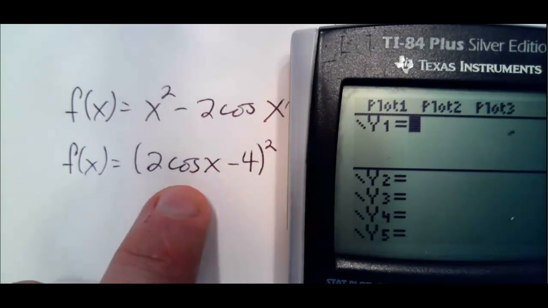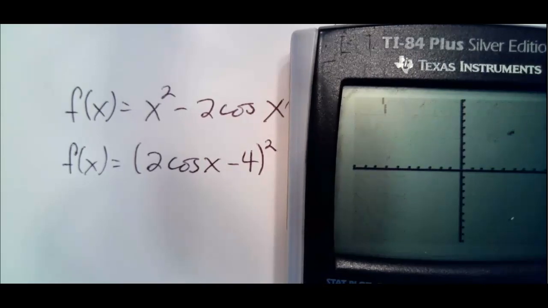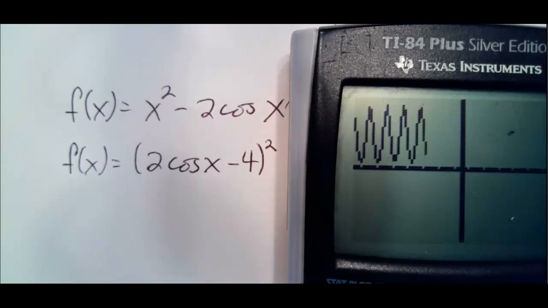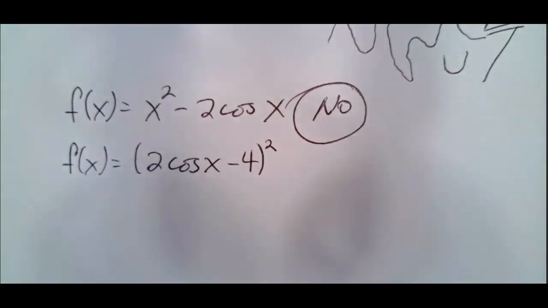Since we have parentheses, I'm going to open the parentheses, put in 2 cosine, but it's got another parentheses there, so we have to close it up, minus 4, and then put another set of parentheses, squared, graph. We can't see it very well, so I'm going to zoom out just to make sure. As you can tell, this is periodic, and therefore you would say yes as your answer.